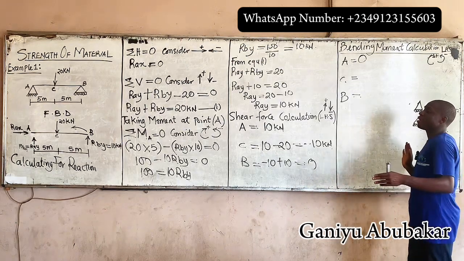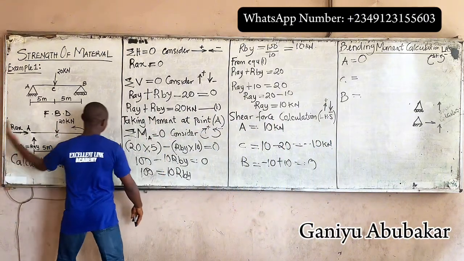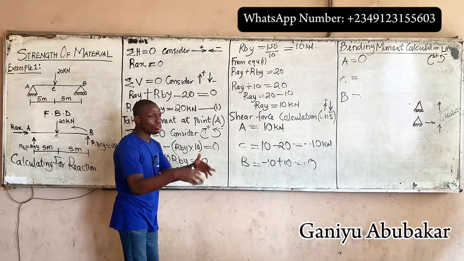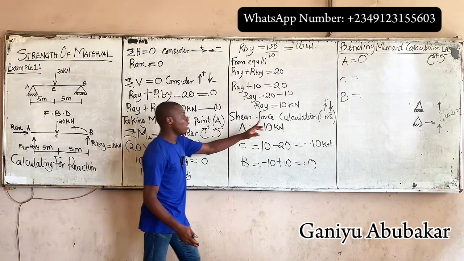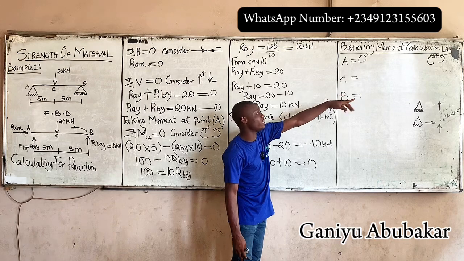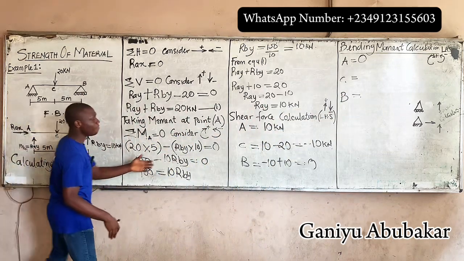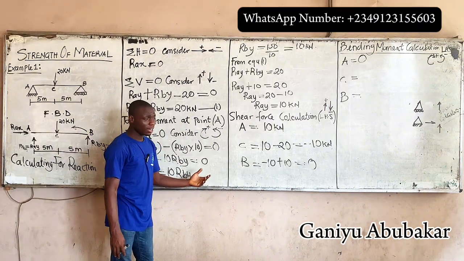That is if I'm taking my reading from left hand side, clockwise is positive and anticlockwise is negative. But when I take my reading from right hand side, it becomes the normal visual concept: upward positive, down negative, clockwise positive, anticlockwise negative. But if I'm going with right hand side, it becomes the reverse of the case. That's the concept.